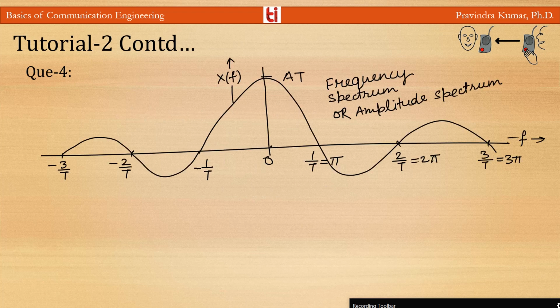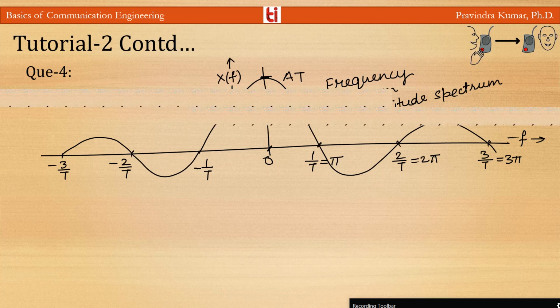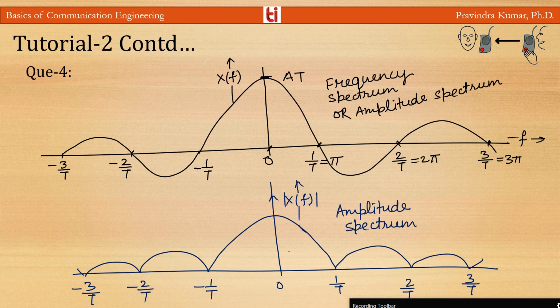So here we can sketch this sinc function A T sinc(fT): at f equal to 0, it has the maximum value A T, and at f equal to 1 by T, 2 by T, and 3 by T, it has value 0. So this is the frequency spectrum or amplitude spectrum. And in the amplitude spectrum, when I take the modulus of this amplitude, it will take only the positive value.